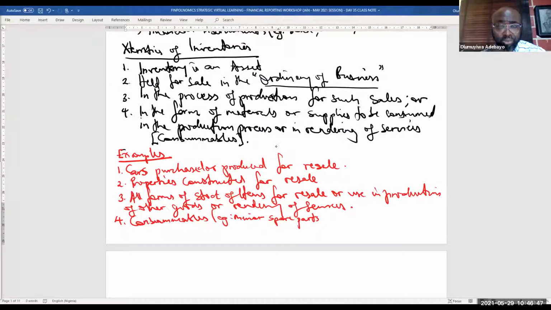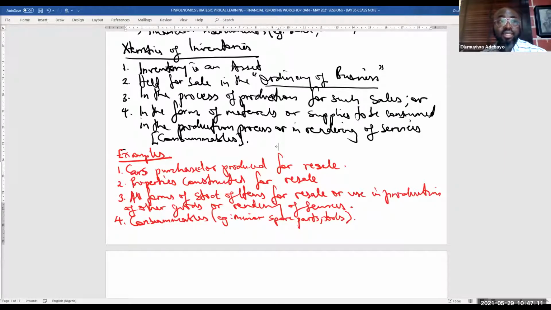And today also we are going to discuss another section on accounting for property, plant, and equipment, where we can see the thin line between minor spare parts, which we consider tools. Do you get what I'm saying now, that forms a point of consumables or small items.